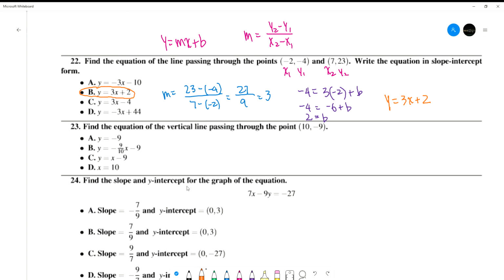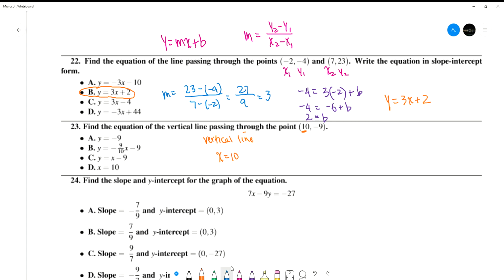All right. Number 23, I told you the vertical line is the x, right? x is equal to, right? x is the vertical line. The vertical line is the x coordinate, and the equation is x is equal to the x coordinate.